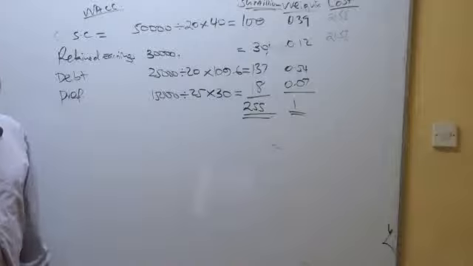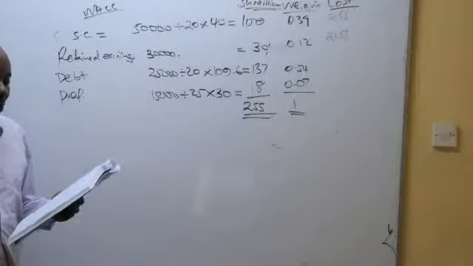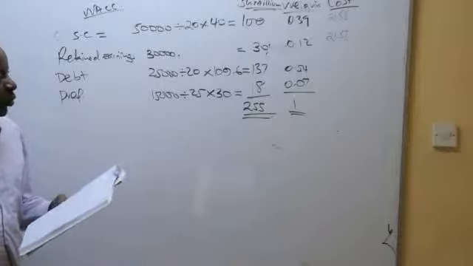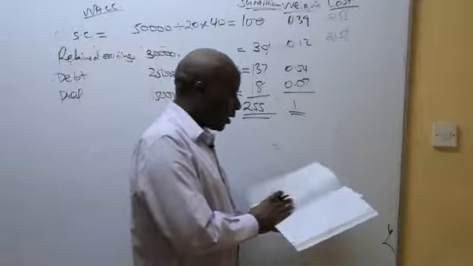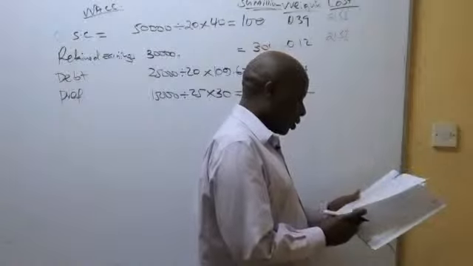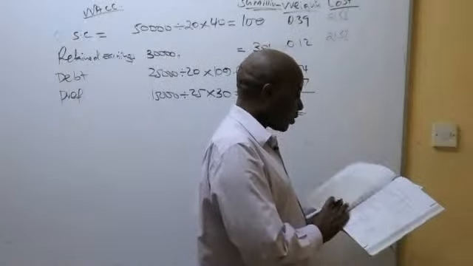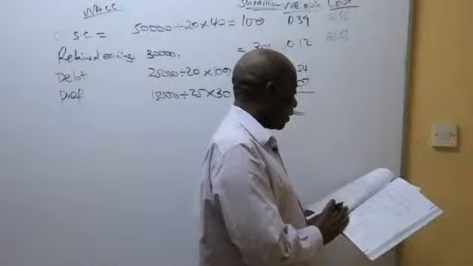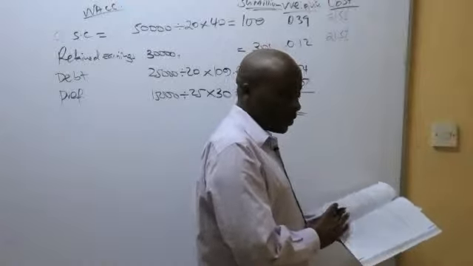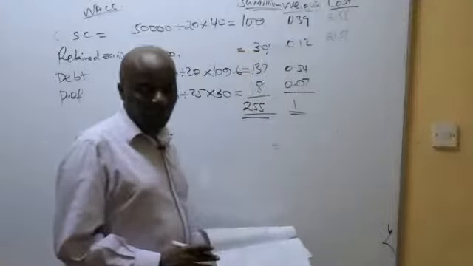Is that okay? Now, ladies and gentlemen, we move on to the next one. The next one is the cost of debt. So the cost of debt is what you guys got. 1 point something. What is the cost of debt?